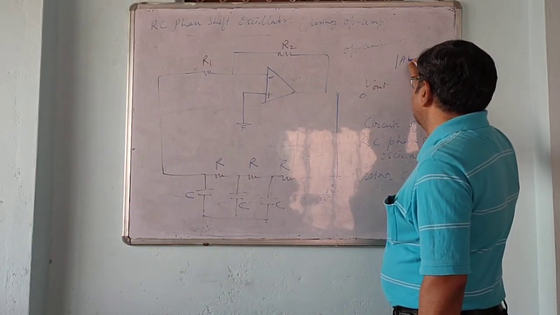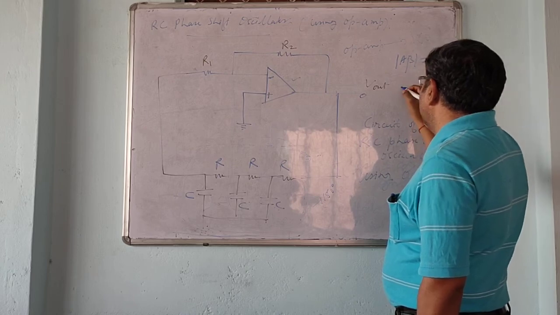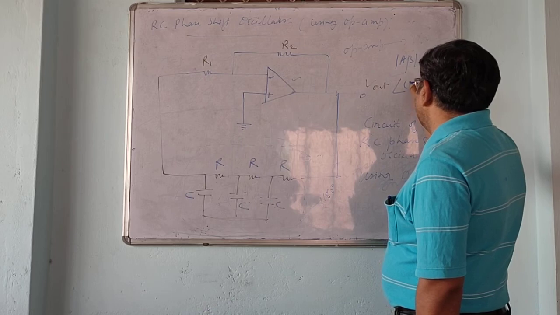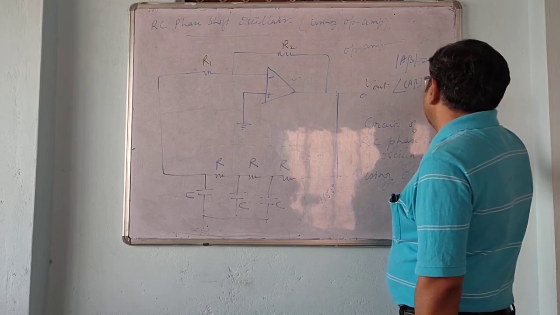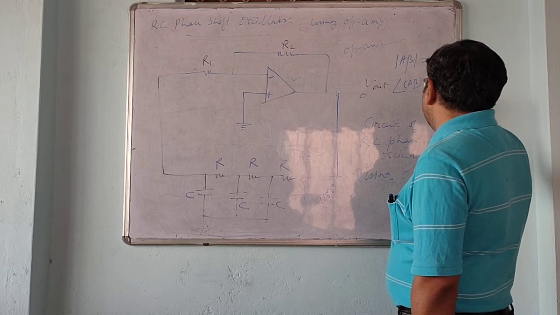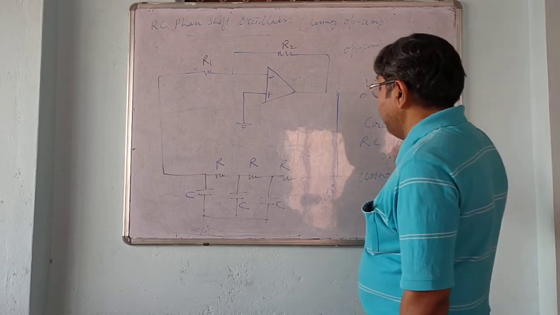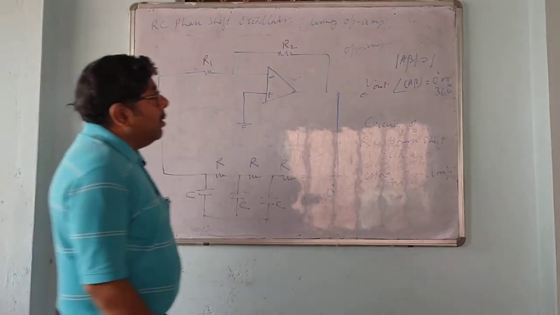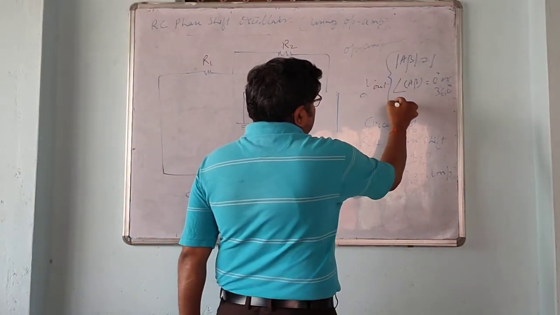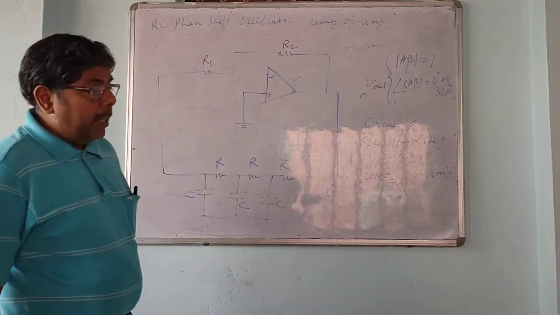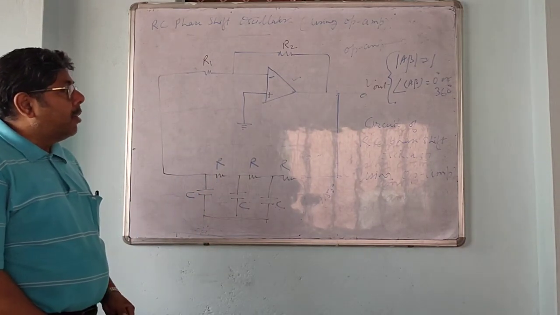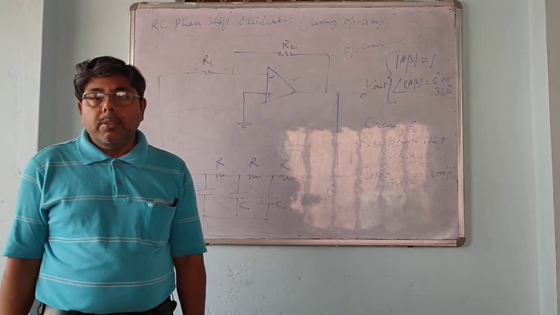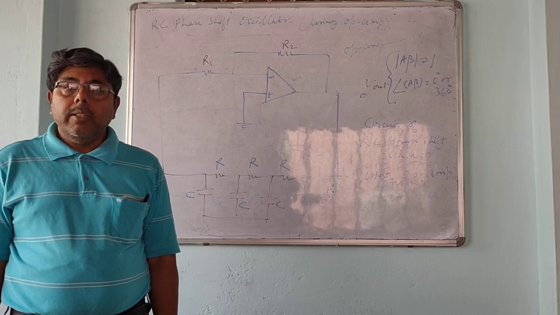One thing is this, and the phase of this is 0 degree or 360, total phase shift around the loop. So keeping in view these two conditions, we will derive the frequency of oscillation for RC phase shift oscillators. Okay, this is all for today. Thank you.